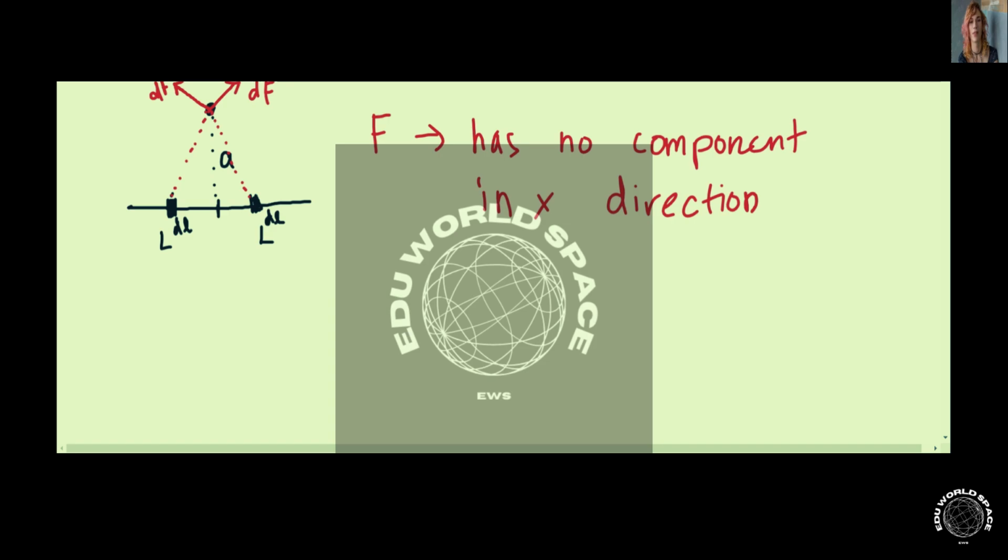So what we need to do here is focus on the y components. So let's consider what is going to be the force in the y direction from a little piece of the line dl. So we're going to use our regular expression for force.